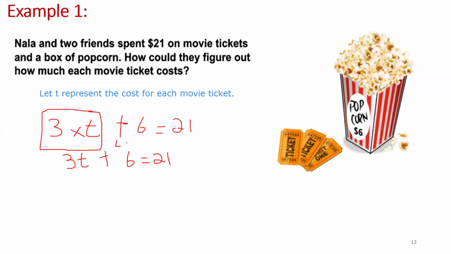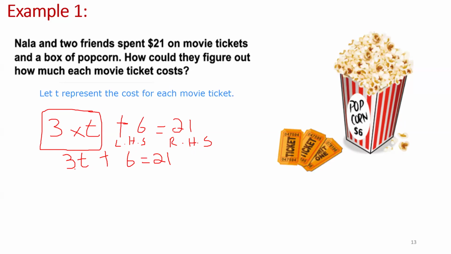So I am going to label my equation. This is the left hand side of the equal sign. Over here is the right hand side. An equation is like a balance beam. Whatever you do to the left, you must do to the right, otherwise it's going to be unbalanced.